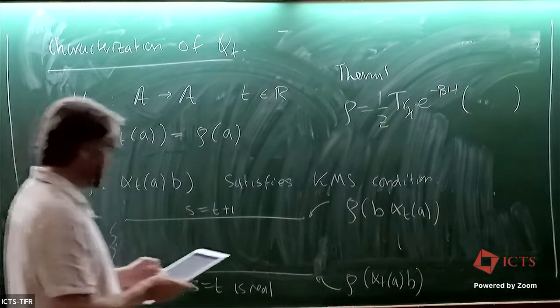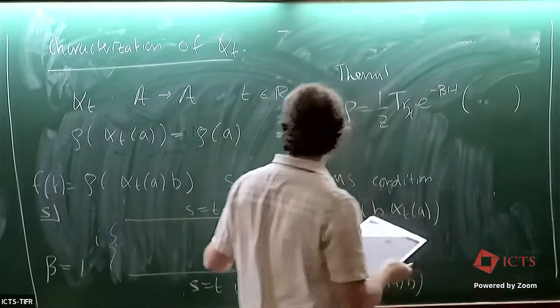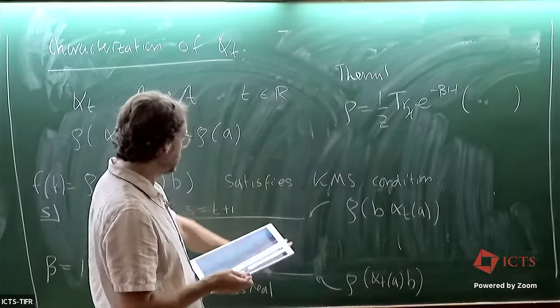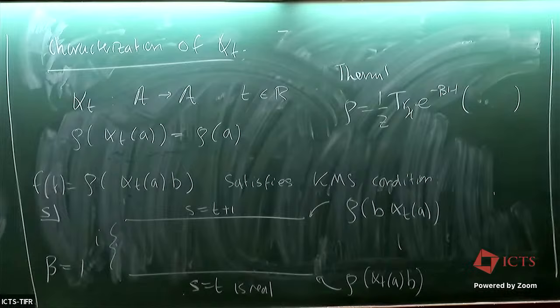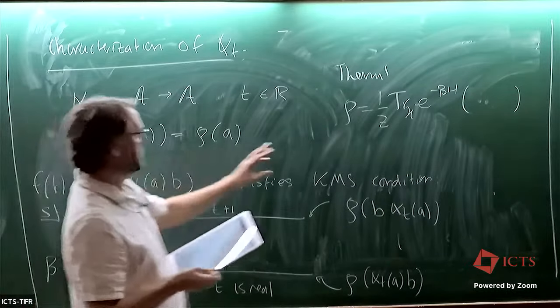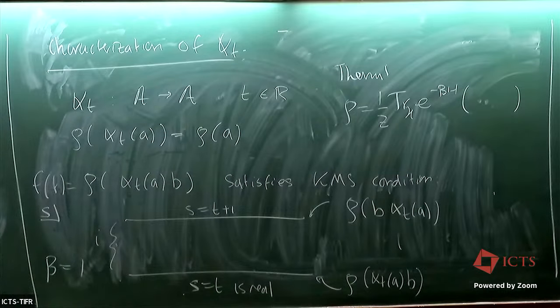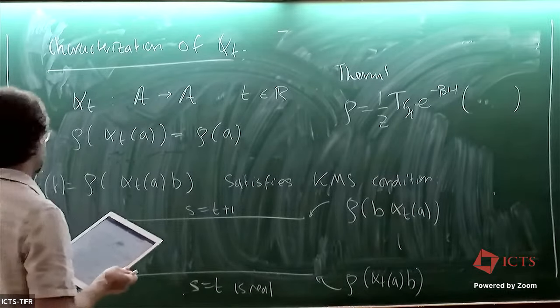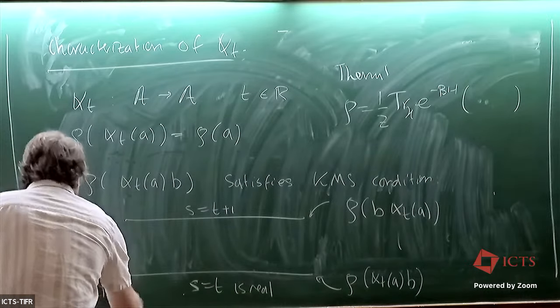So this is exactly what you get for thermal correlation functions, where now we use modular flow instead, right? Up to 2 pi. Yeah, there's some pi's here.